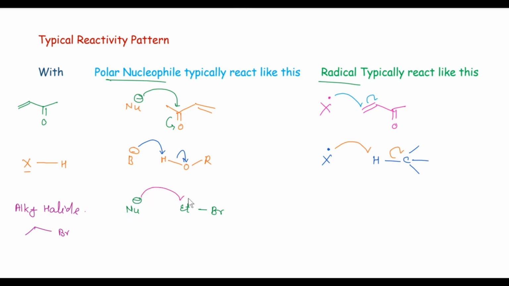This nucleophile attacks this ethyl and bromide is kicked out, but the radical reacts like that.